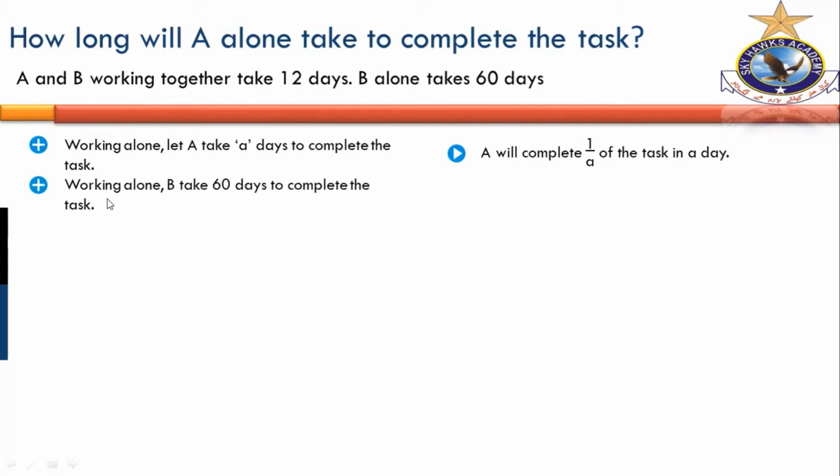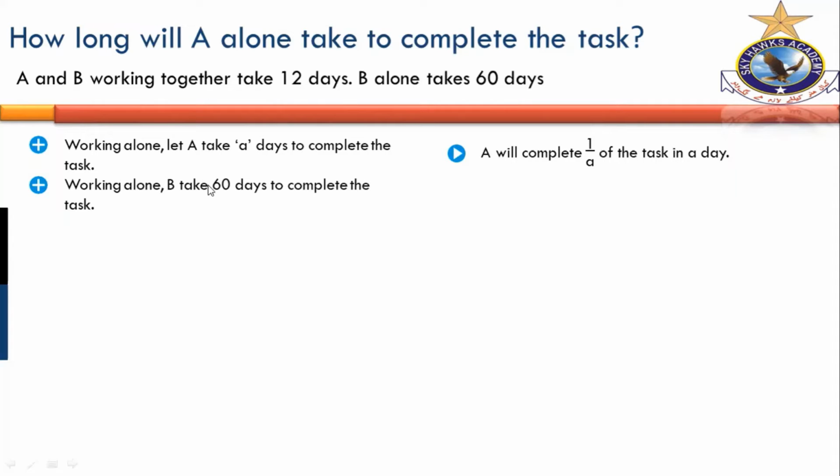working alone, B takes 60 days to complete the task. This information is given to us, that B alone takes 60 days. We make use of this information: A we have to calculate, so we suppose A days, and B working alone takes 60 days. One is unknown, the second is given.